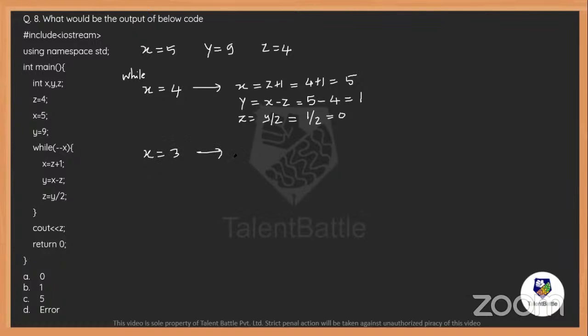Then going inside the loop, x is again updated, z plus 1, which is 0 plus 1. That will be 1. Again, y is updated to x minus z, which is 1 minus 0, that is 1. And z is updated to y divided by 2, which is again 1 by 2, 0. Again, the decimal part will be truncated.